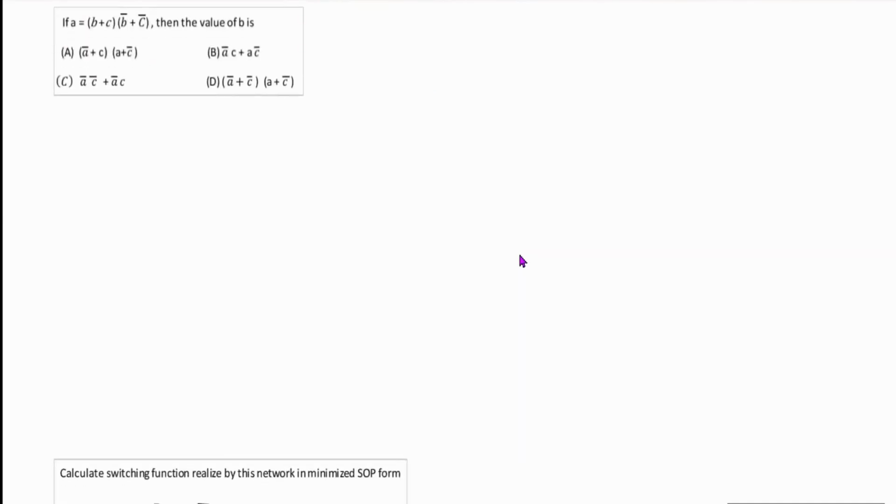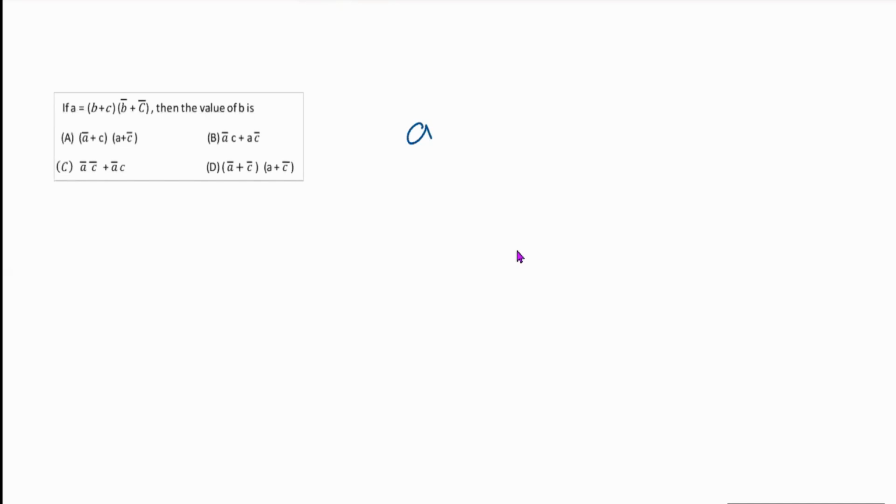So this question is saying if A equals B plus C in bracket, multiplied with B bar plus C bar, then find the value of B. Okay, this is a very simple one. On this side your B and C are there, on this side your A is there.